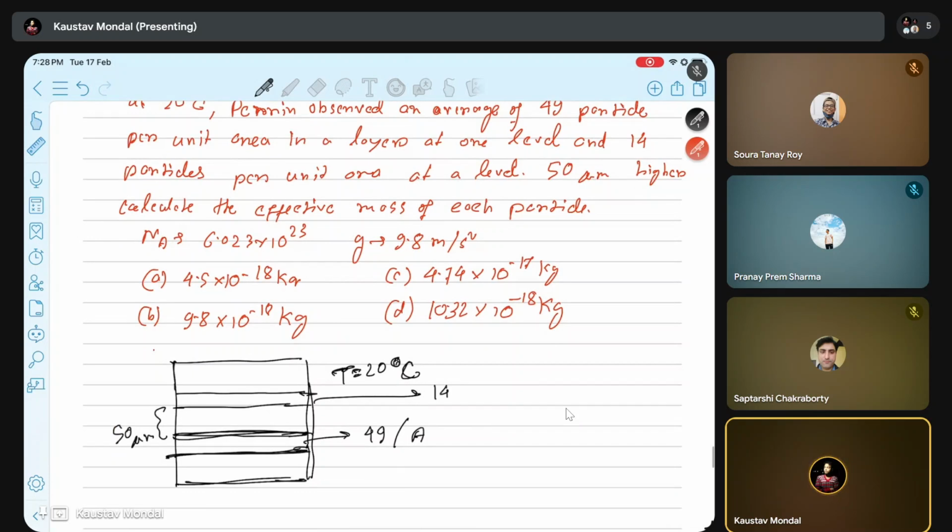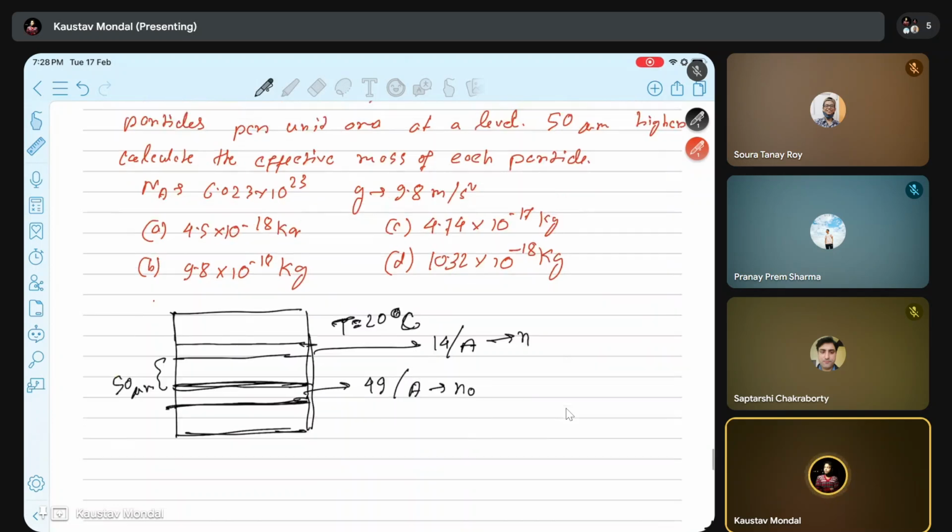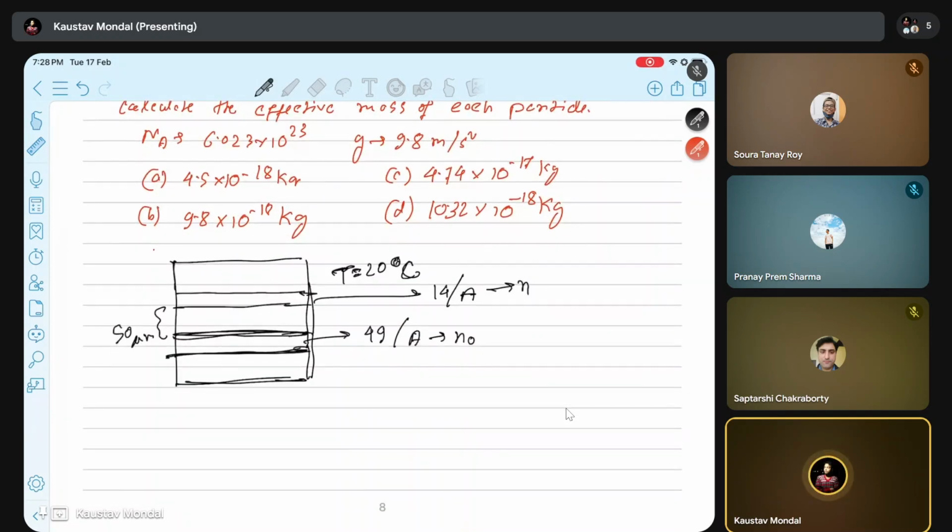So we can take this as n0 and this as n, and the distance between these two levels is 50 micron, right?